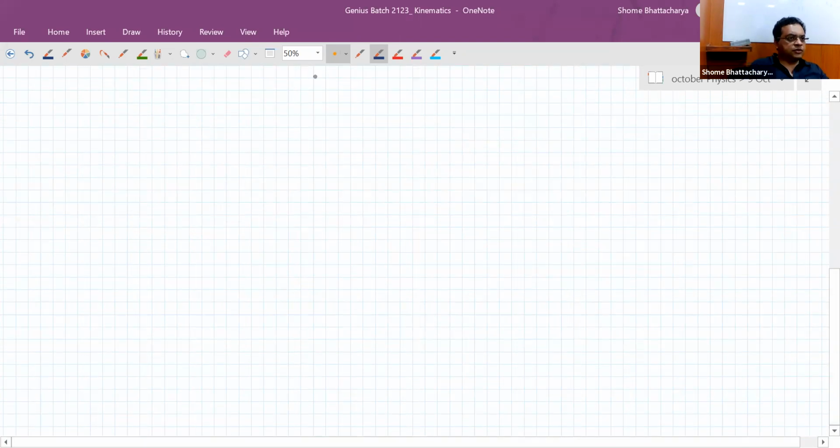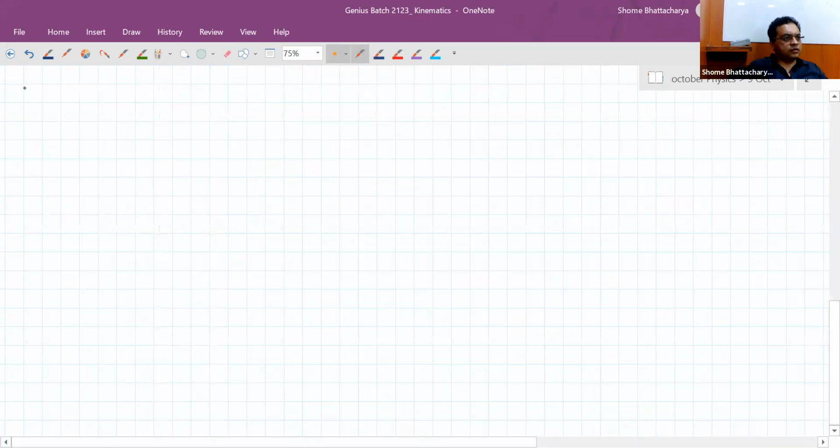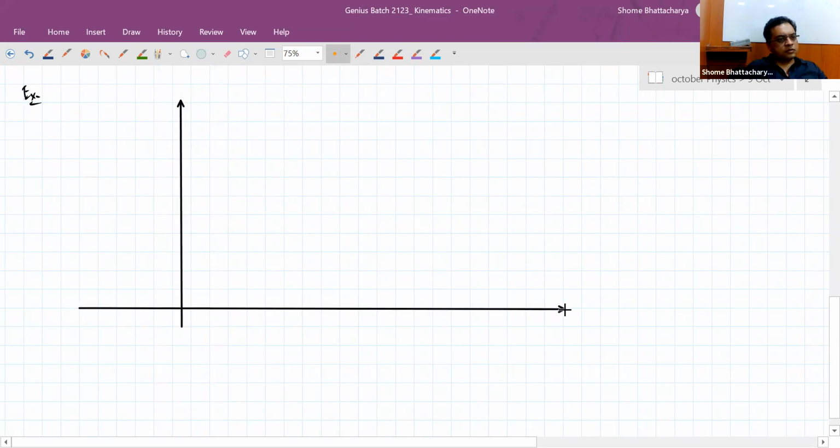Let's understand this with a numerical example. We have a situation like this, that in an xy plane we have two objects which are moving like this.